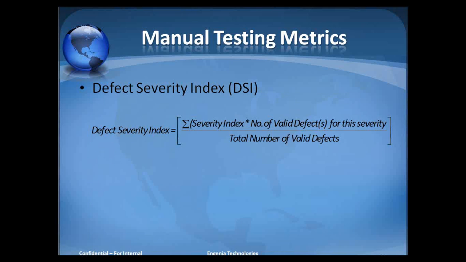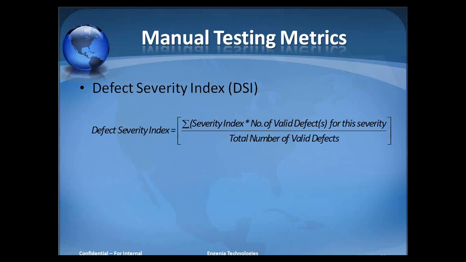The next one is defect severity index. This metric determines the quality of the product under test and at the time of the release also. Based on this, we can take a decision on releasing the product or not.